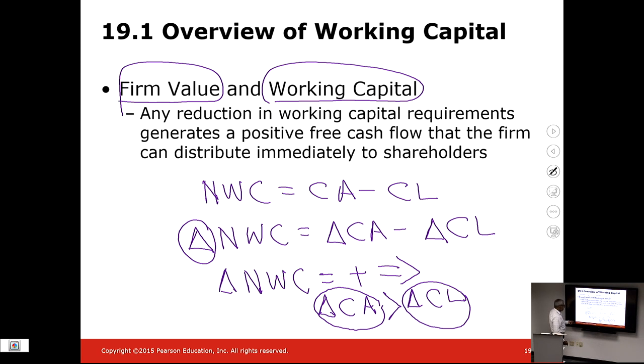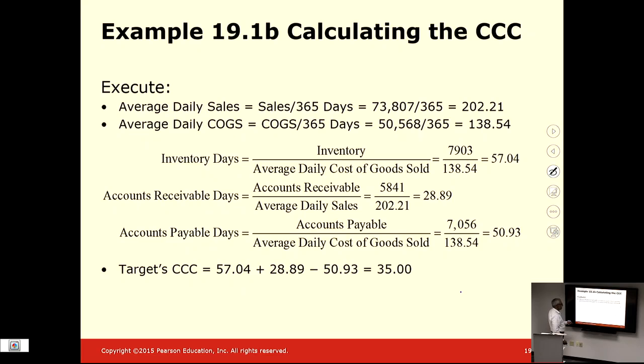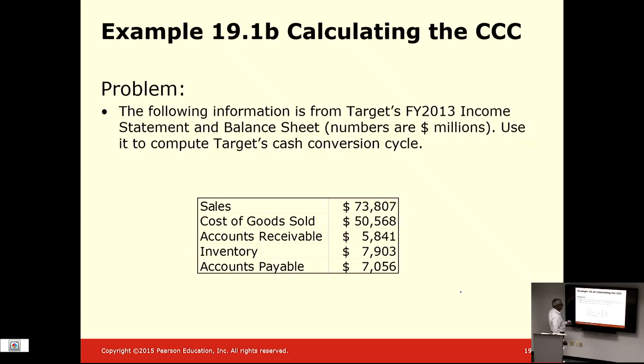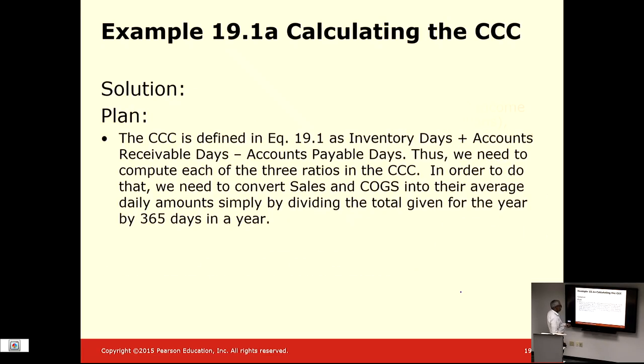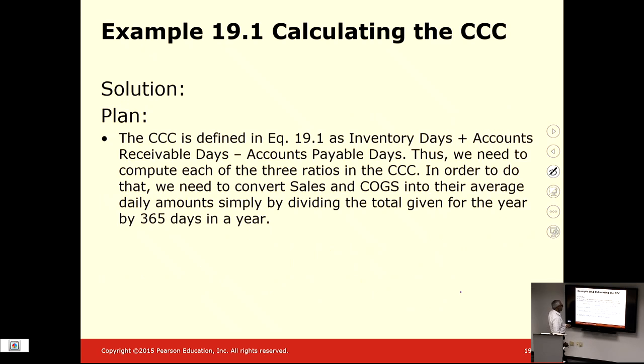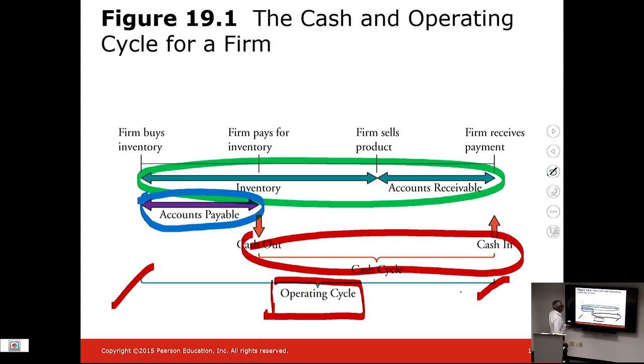And if you think about our formula for the cash conversion cycle, what do we like to see? We like to see the liability side, the payable side, to be as high as possible, and the asset side to be as short as possible. That will allow us to shorten the cash cycle.